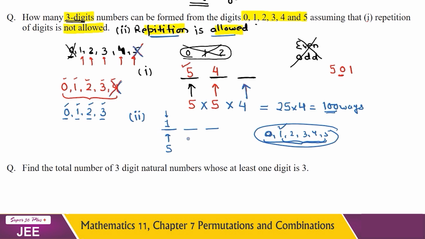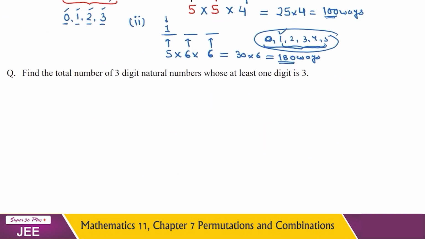So second place can be filled in 6 ways. And due to repetition allowed, third place can also be filled in 6 ways. So here our answer turns out to be 5 into 6 into 6, which is 30 into 6, and the net answer is 180 ways. So when repetition is allowed, we have more combinations, that is 180.